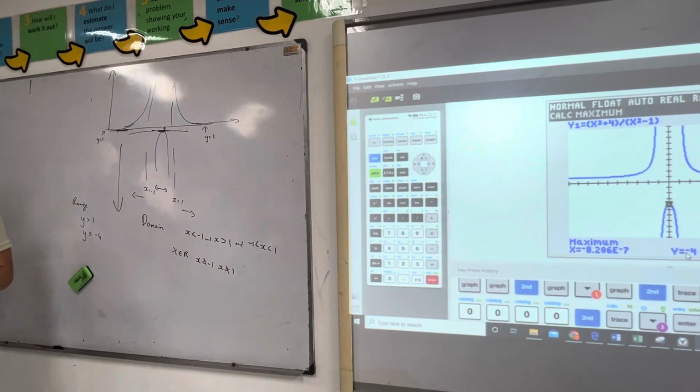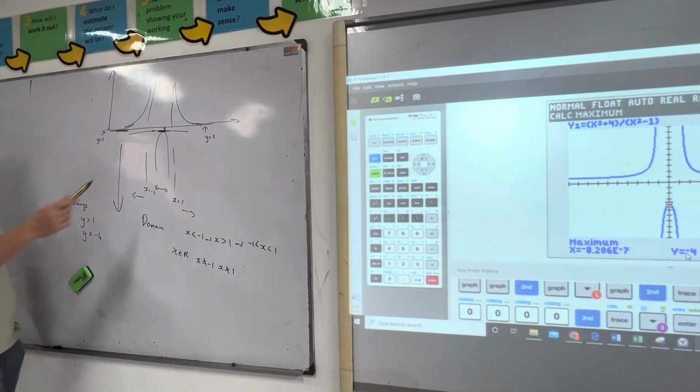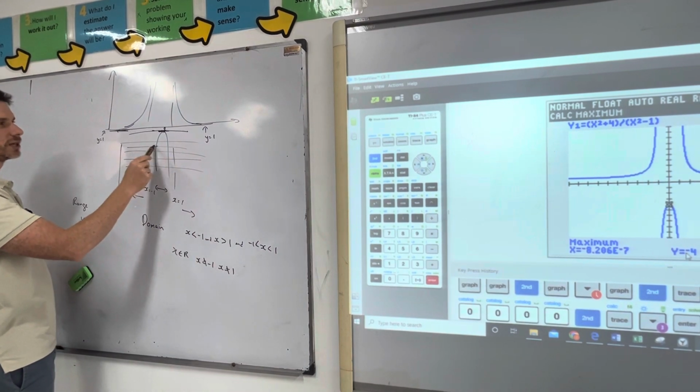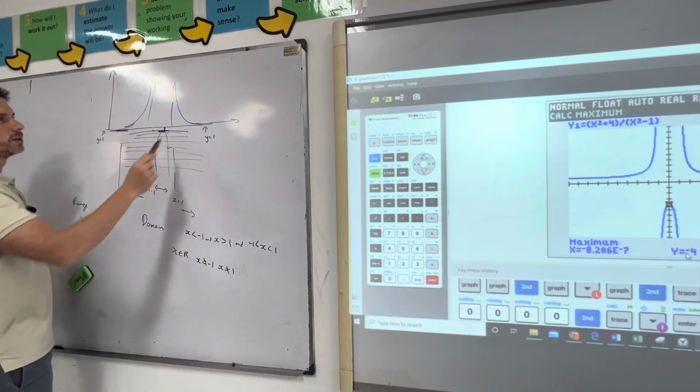Okay? The last part of the question asked for some value of k that will have 2 solutions. Where is it going to have 2 solutions? k is a straight line like this. If I draw a line like this, all of these will have 2 answers. It'll cross twice.